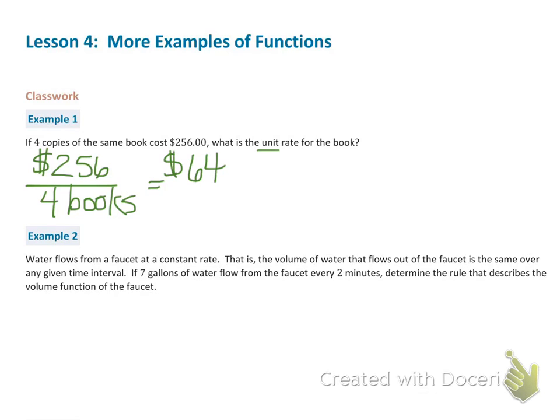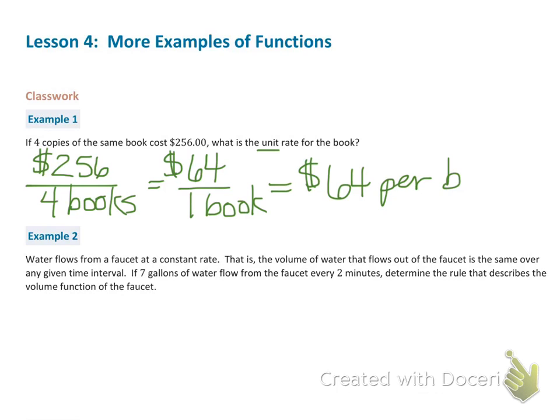And if these numbers look familiar, it's because they are. $64 for one book, right? So the unit rate is just $64 per book.